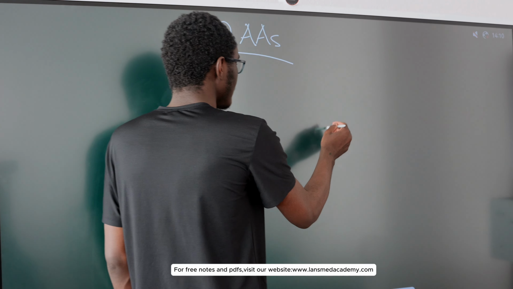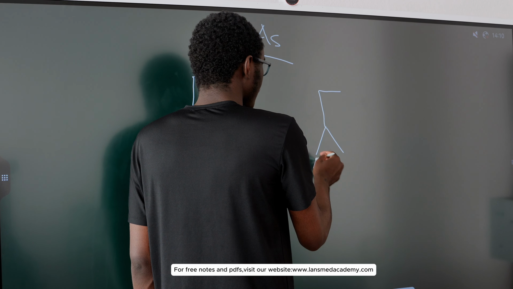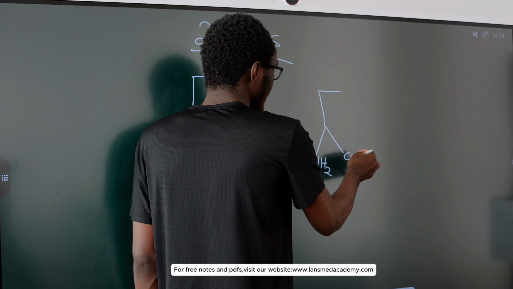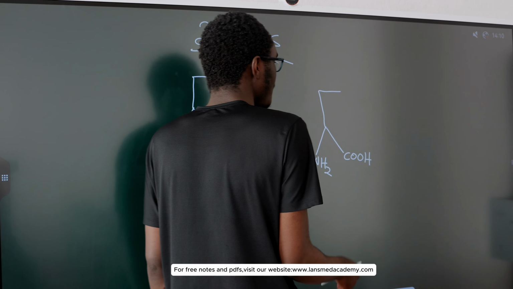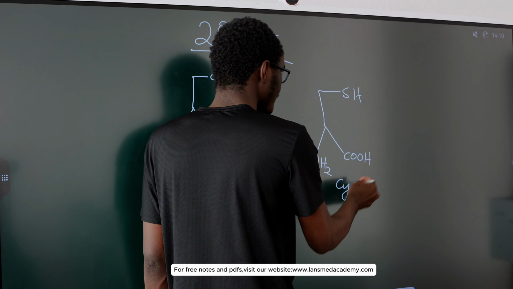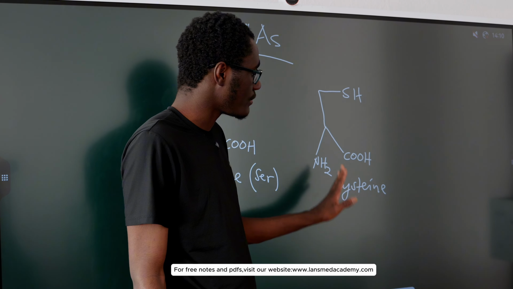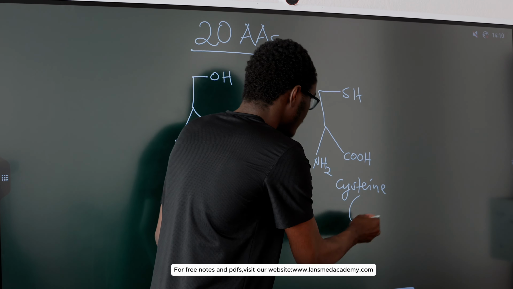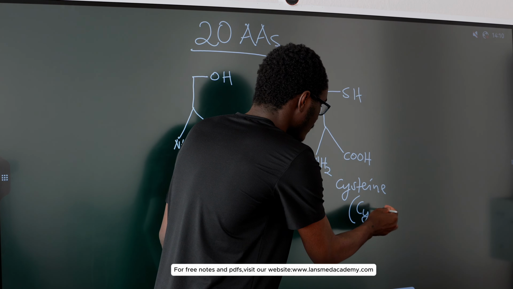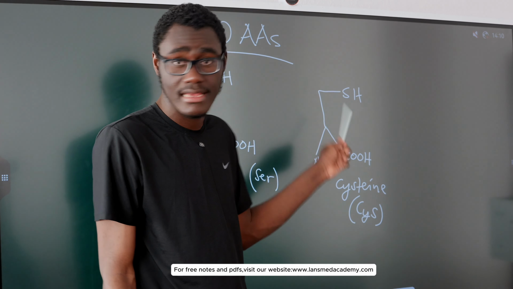Next amino acid is cysteine. So it's like alanine with an SH group. Cysteine. So cysteine has a three-letter abbreviation of CYS. Also very important, cysteine has an SH group.